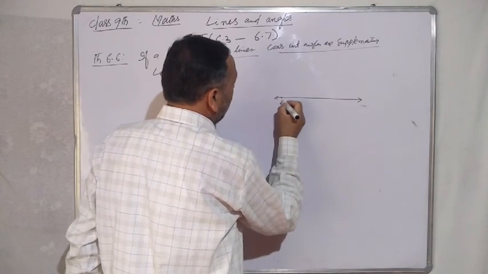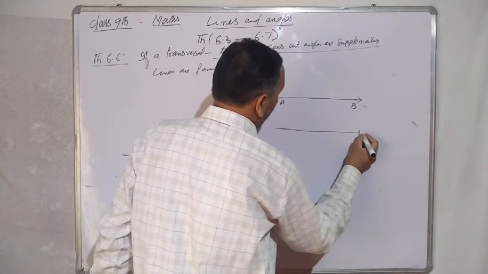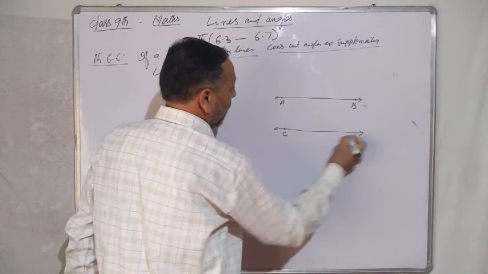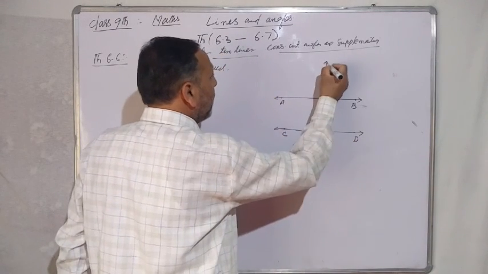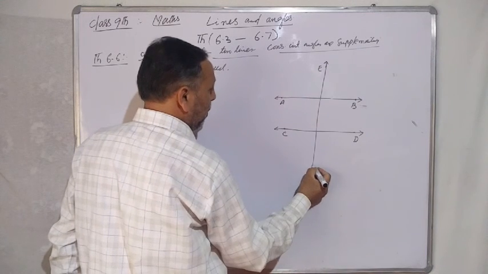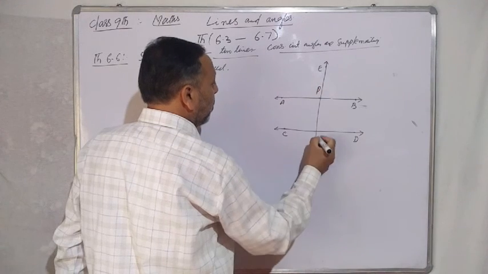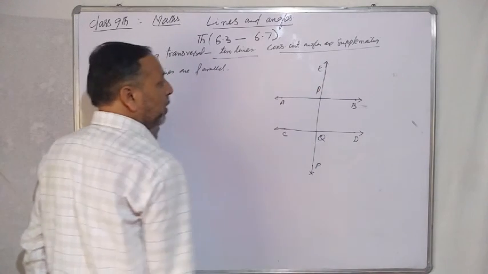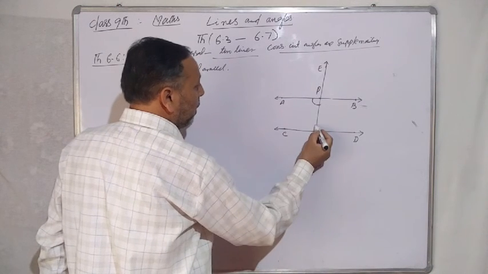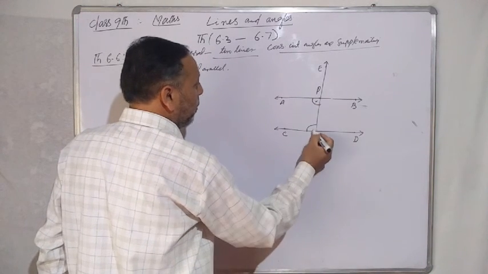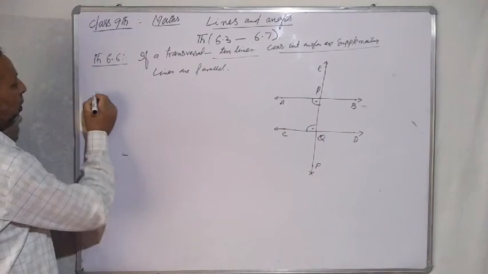Given a line AB and a line CD intersected by a transversal EF at P and Q respectively, such that angle APQ plus angle PQC is 180 degrees. Prove that lines are parallel. So what is given here?